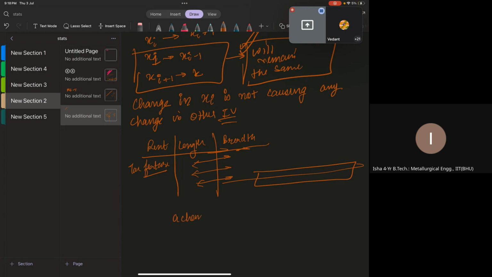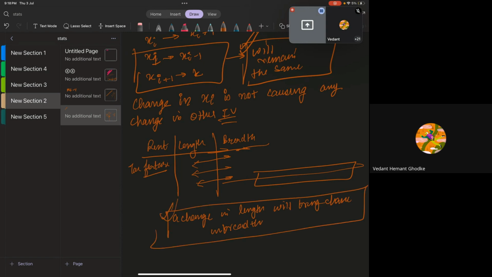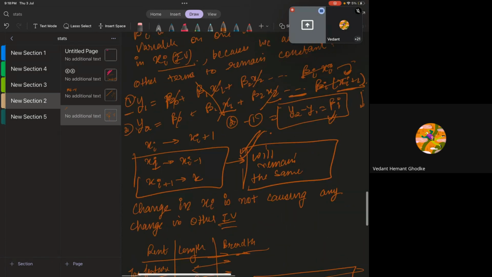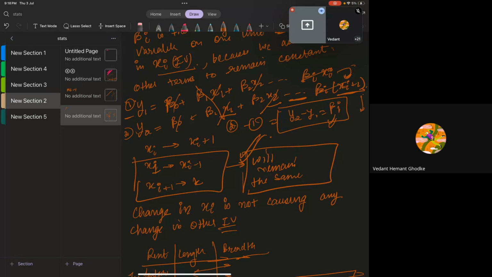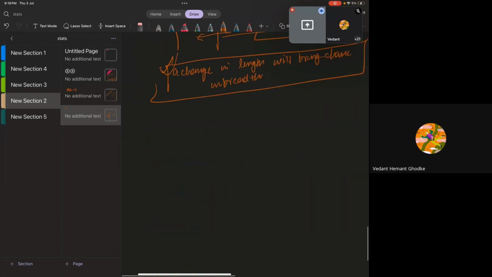A change in length will bring a change in breadth, right? And hence these variables are not good for linear regression. Because when you are interpreting what beta 1 and beta 2 mean, what exactly are you saying?